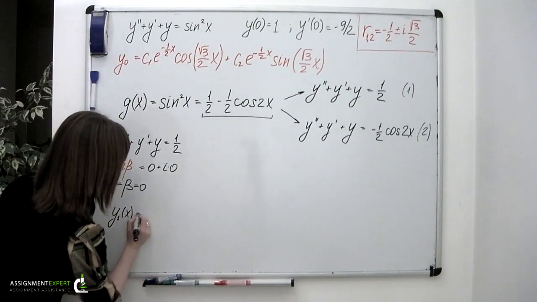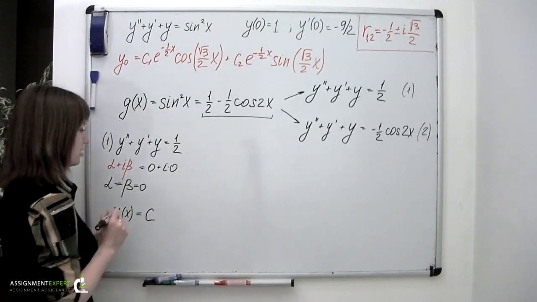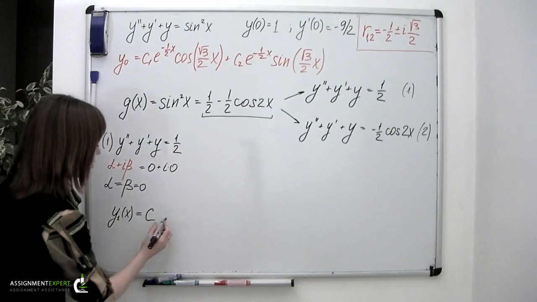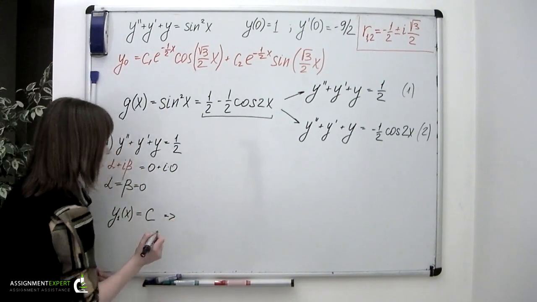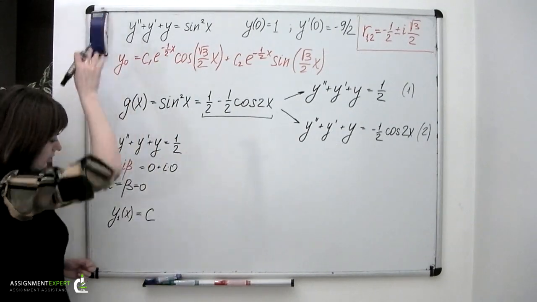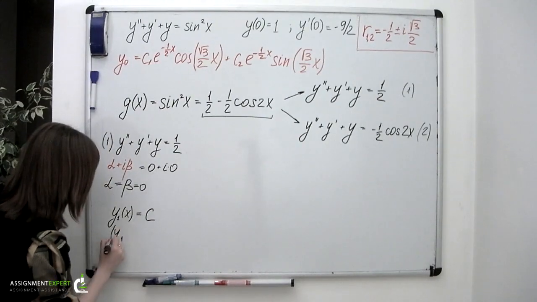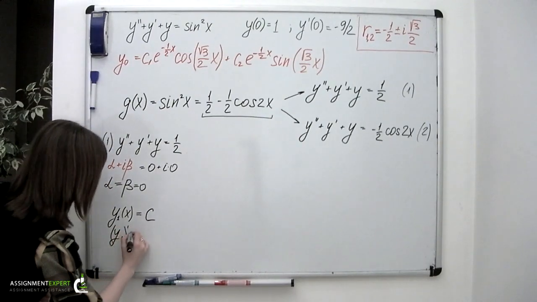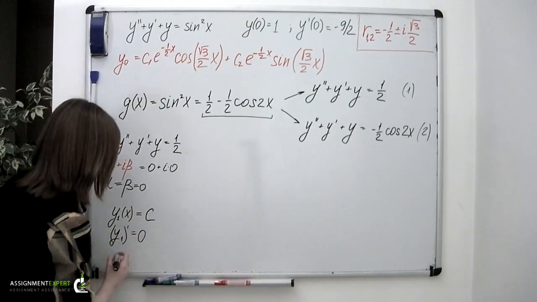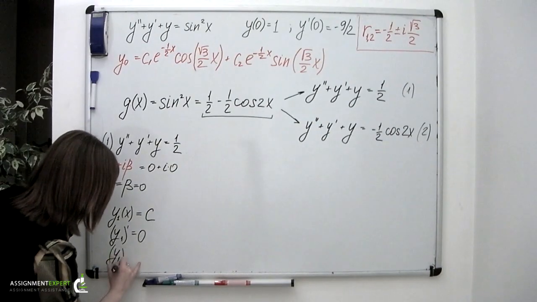So the polynomial function of the 0th degree is a constant, and to find it we need to substitute it into the equation. Let's see what happens. So to do this we need to find its first and second derivatives. So I go y sub 1 prime equals 0, because the first derivative of a constant is 0. And of course the second derivative is 0 as well.